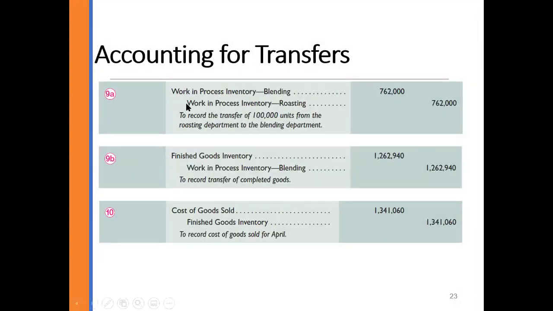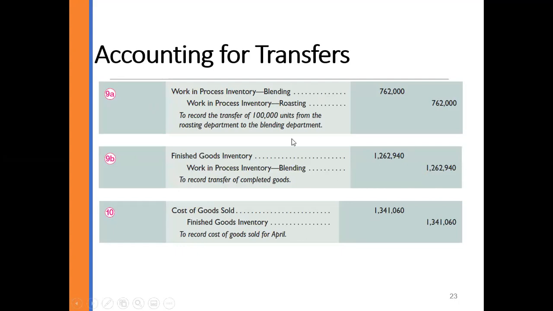Now here in 9A, we are transferring some of these units from roasting to blending, right? Remember, work in process inventory increases with a debit, decreases with a credit. So here we're moving the units out of roasting into blending.